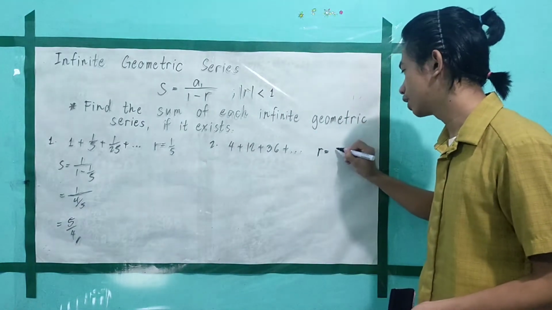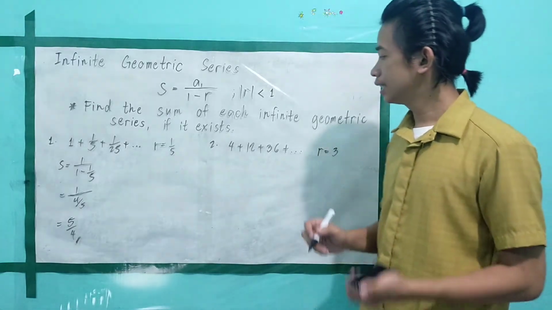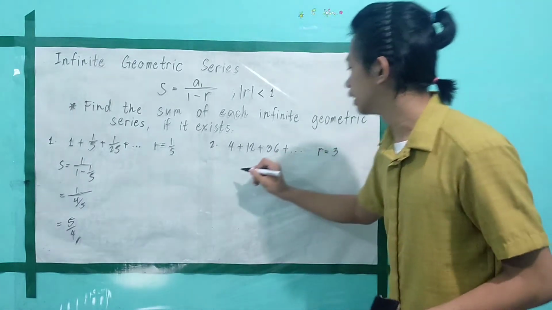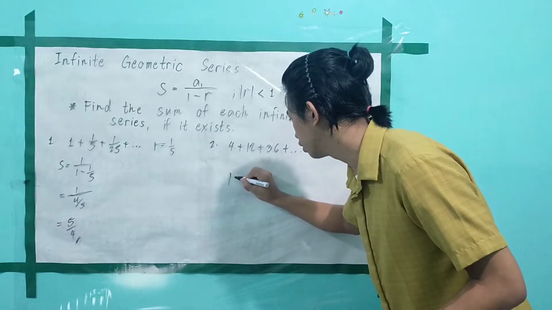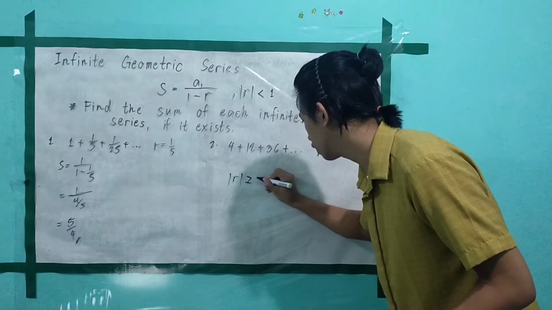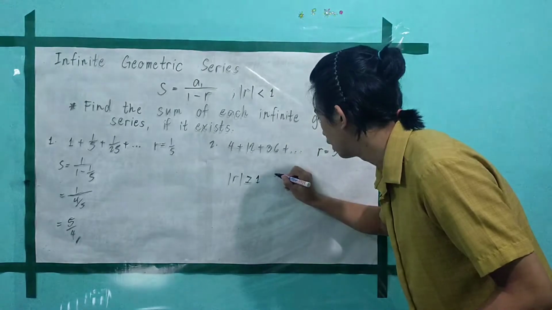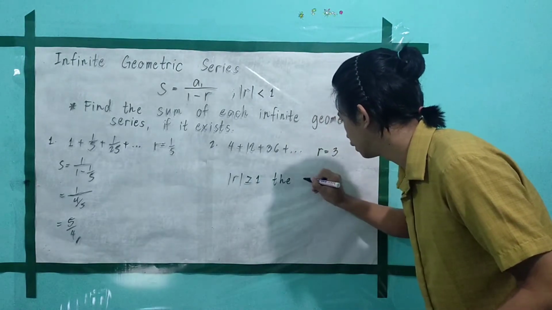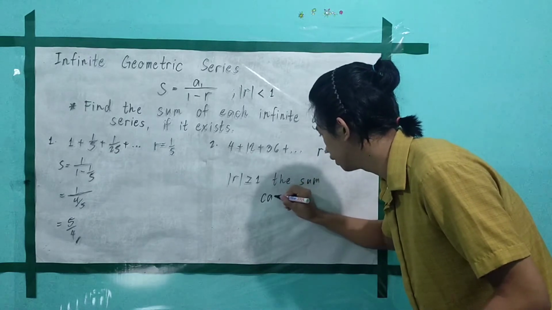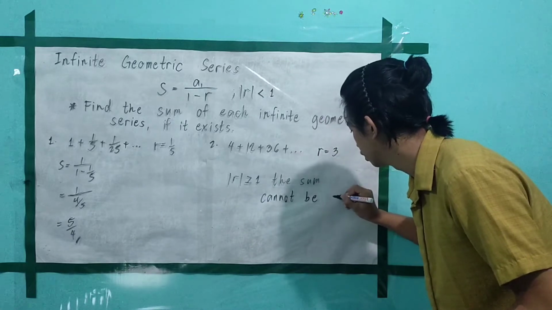Therefore, our common ratio is 3. Since the absolute value of our common ratio is greater than or equal to 1, the sum cannot be determined.